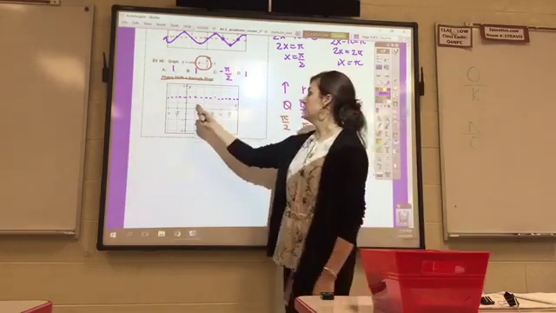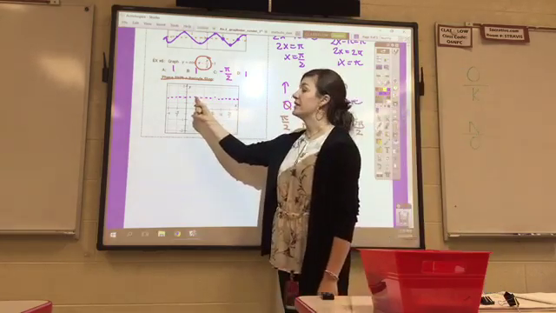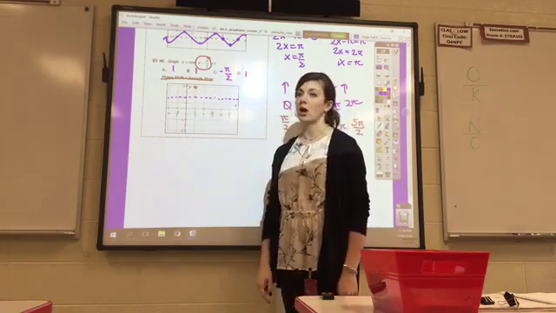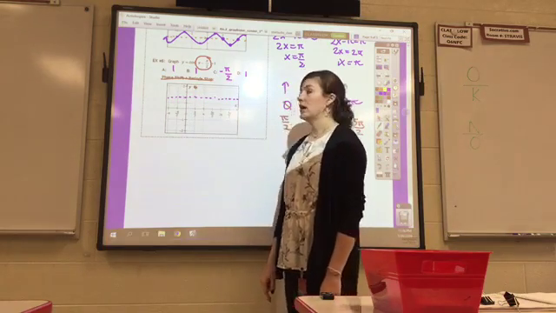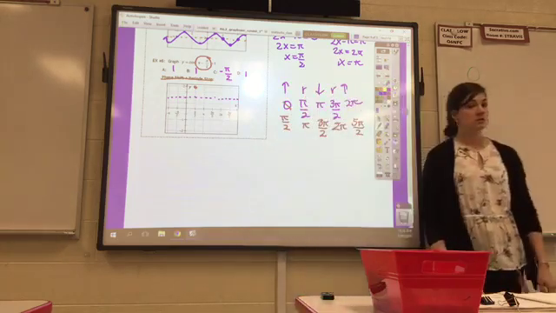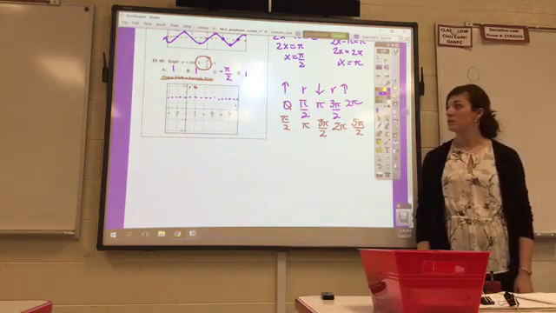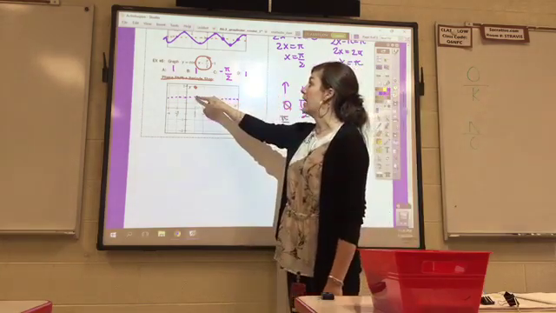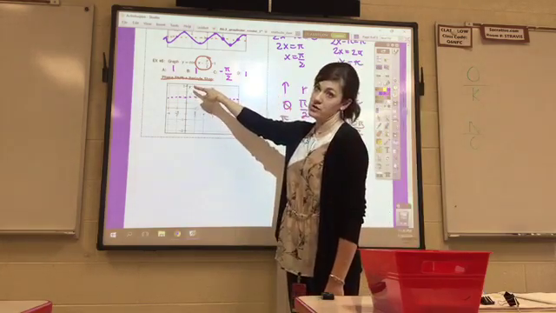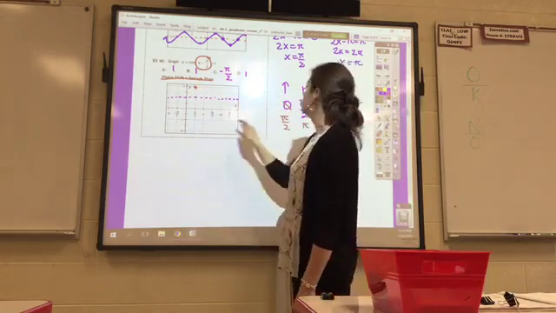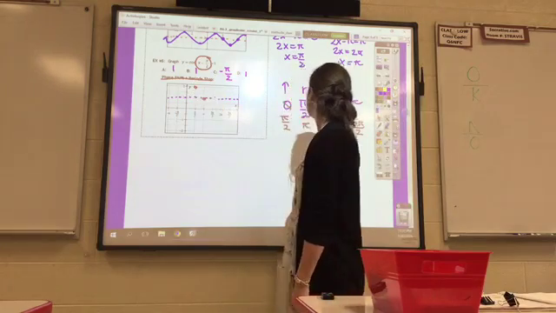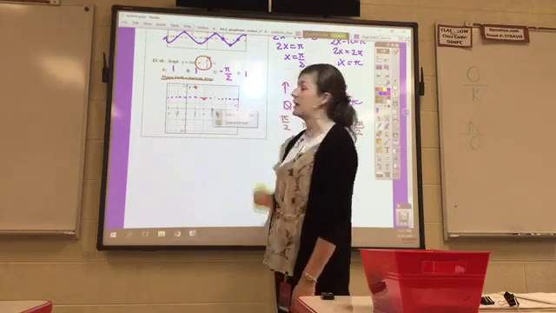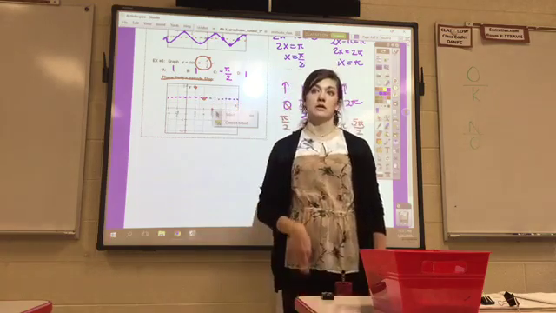Now here's where people mess up. At pi over 2, go to your new x-axis and then go up 1. So your point should be there. Why would it be up? Well, you already moved up 1, because this told me to shift up 1, but then my amplitude is still 1. I have a root at pi. At 3 pi over 2, I'm going down 1, so that actually puts that point on the x-axis.